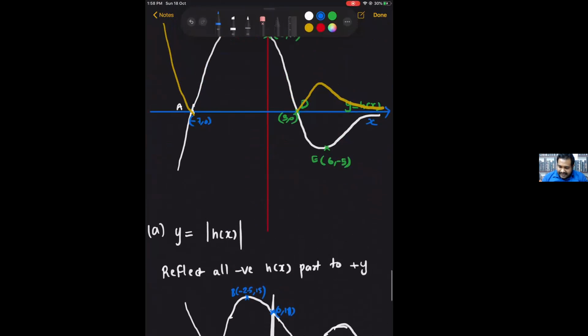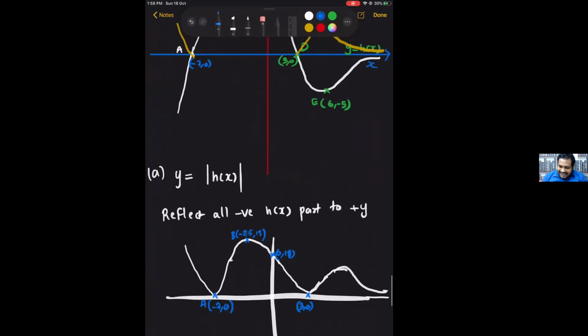What about E? E becomes 6, 5, because for x equal to 6 we are getting -5, but after reflection it becomes +5. So that is the answer for this part. I hope you understand this case. So this is how we draw the graph for y is equal to modulus of h of x.